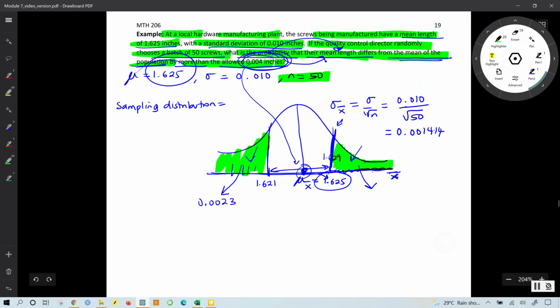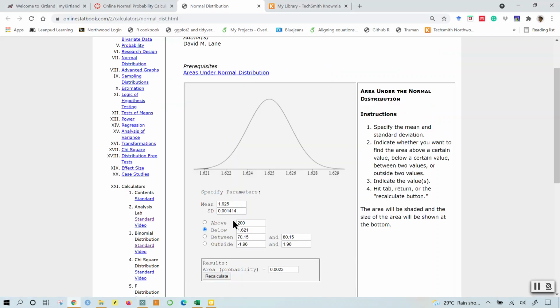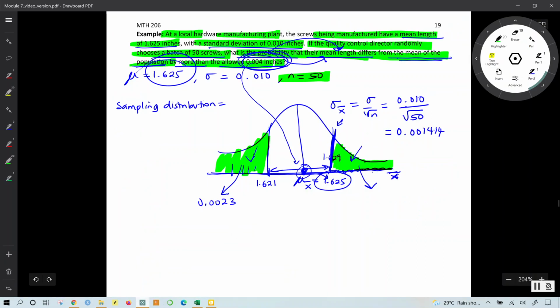And the size of this area will be above 1.629. So here I go, this time above 1.629, and hit enter. That is also 0.0023.